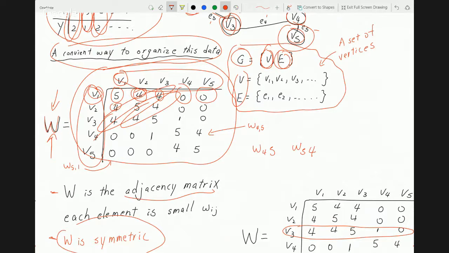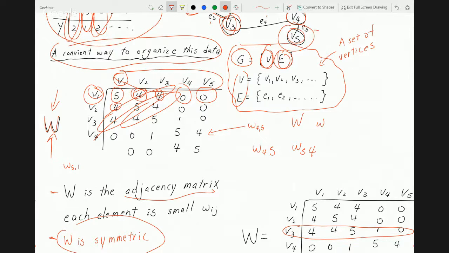Oh, by the way, I think I forgot to mention this. Capital W is the entire matrix, like this entire thing. But little w is one single element inside it, denoted by ij, where i is the row and j is the column.